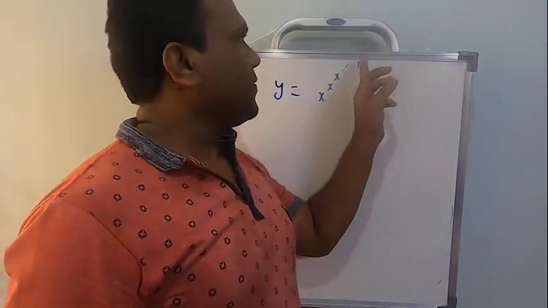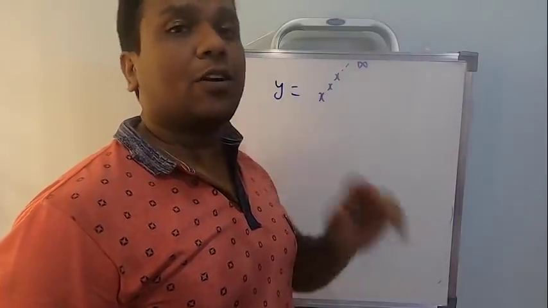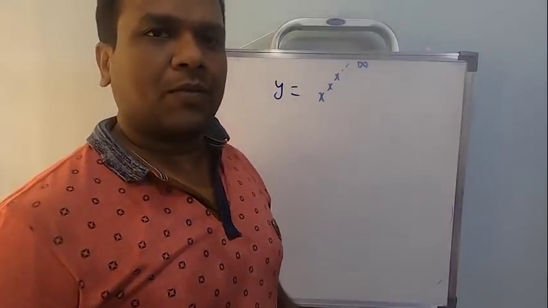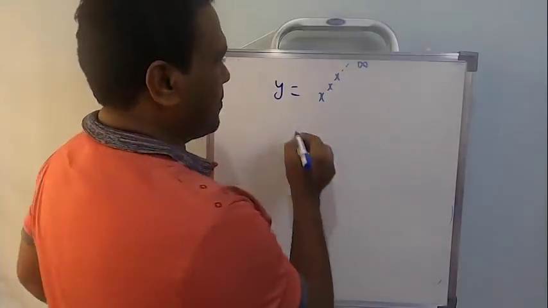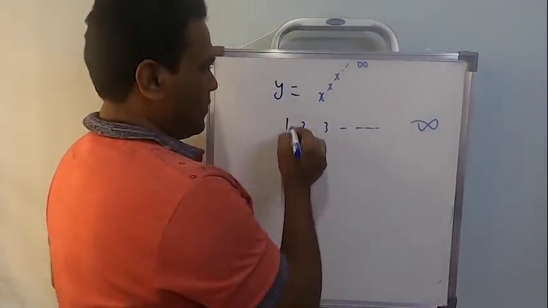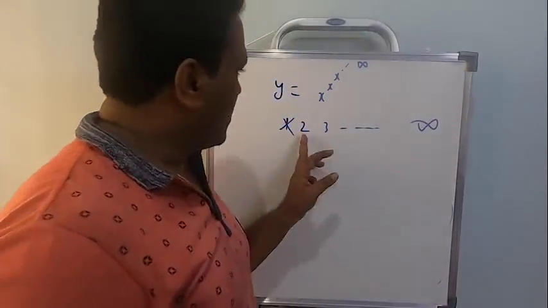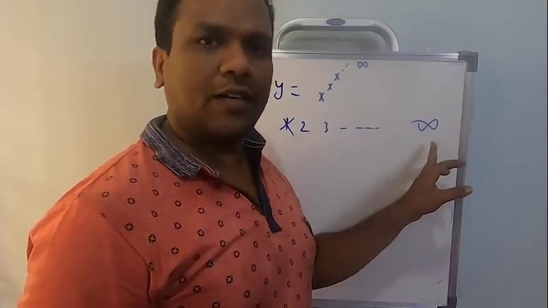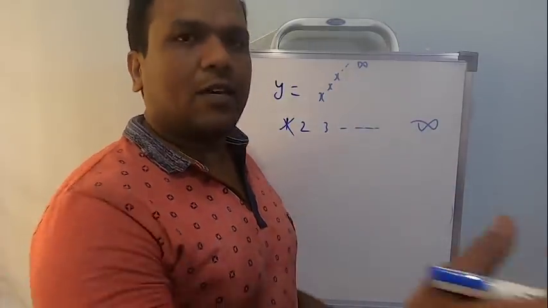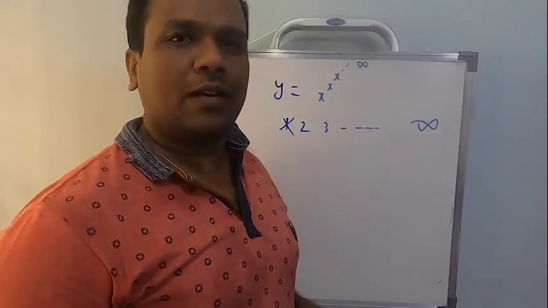X is infinitely increasing, infinite number of terms of such kind. Students, just remember one thing. For example, 1, 2, 3 till infinity. If I remove the first number, still I am going to call it as infinity only. I will not say infinity minus 1. No. The sequence is still going to be infinity only.